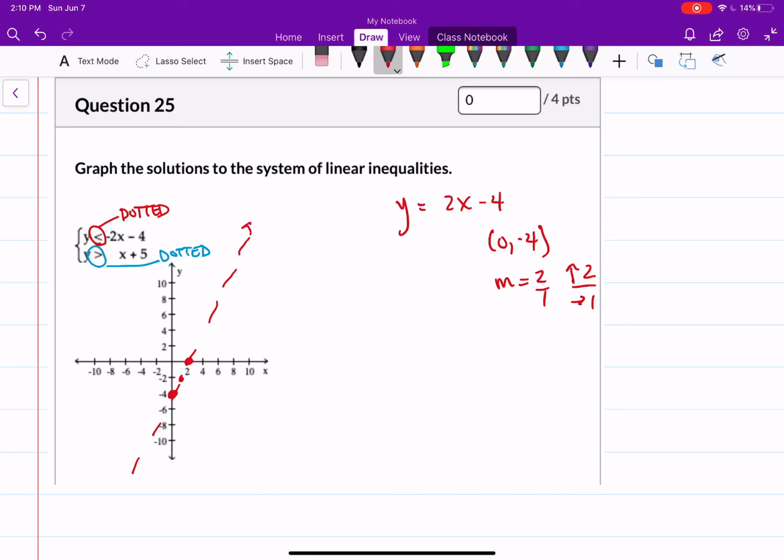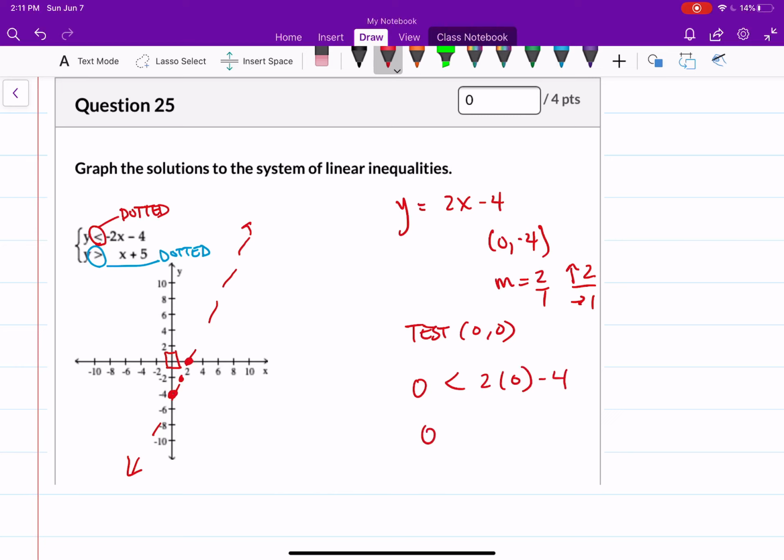Okay? All right, so if I was to test this one, I can still test 0, 0, okay? As long as 0, 0 is not on the line, I'm good, okay? So if I was to test 0, 0, then I have is 0 less than 2 times 0 minus 4.